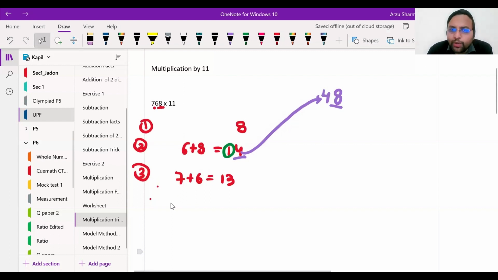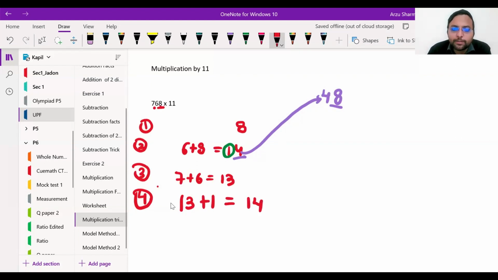Now we're going to add this one, this green one, to this sum. 13 plus 1 becomes 14. We again move the ones digit here, so we have another 4.